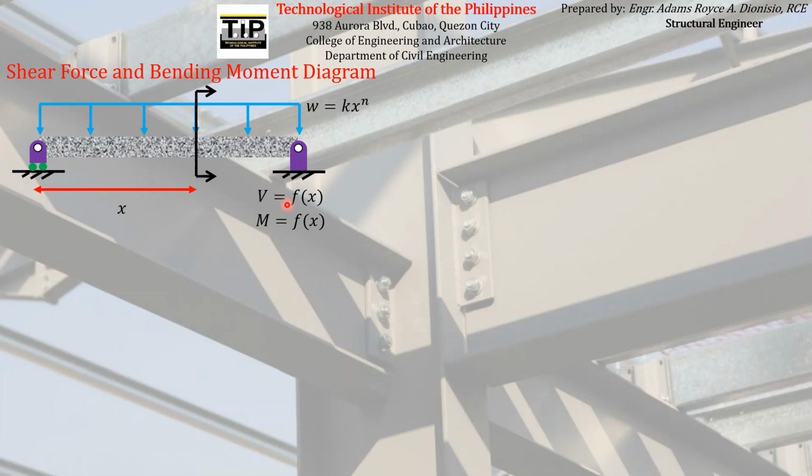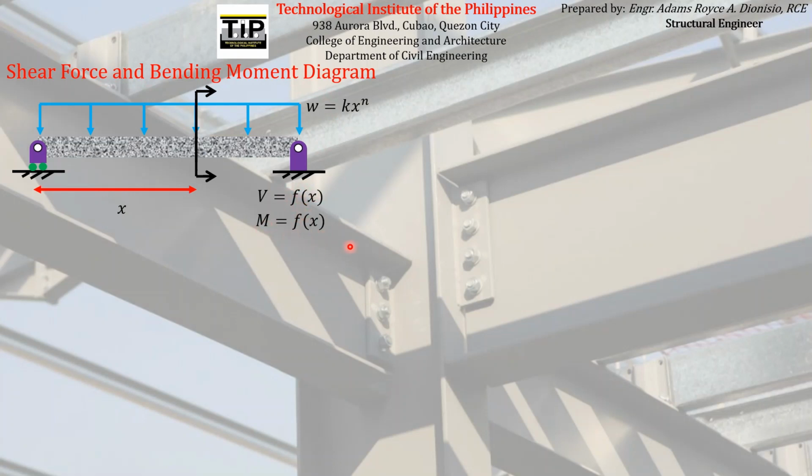We already established these equations that show the magnitudes of the shear force and bending moment along the beam. Since these are equations, we can graph them. The graphs of these two are what we call the shear force diagram and bending moment diagram.